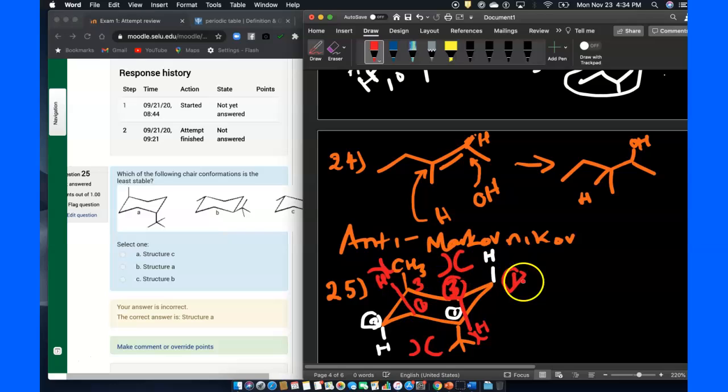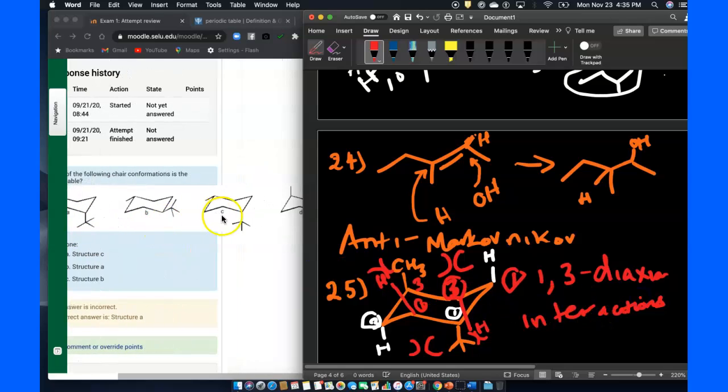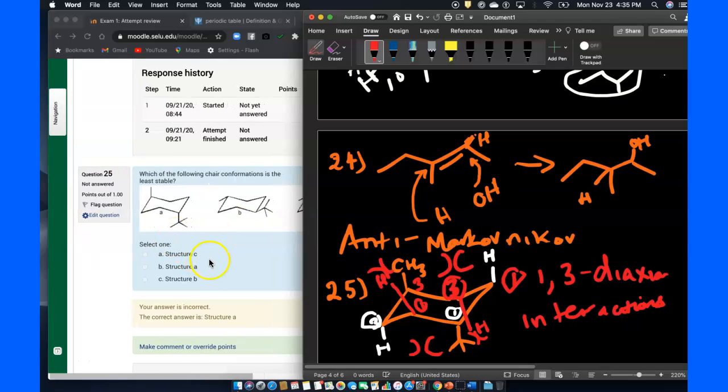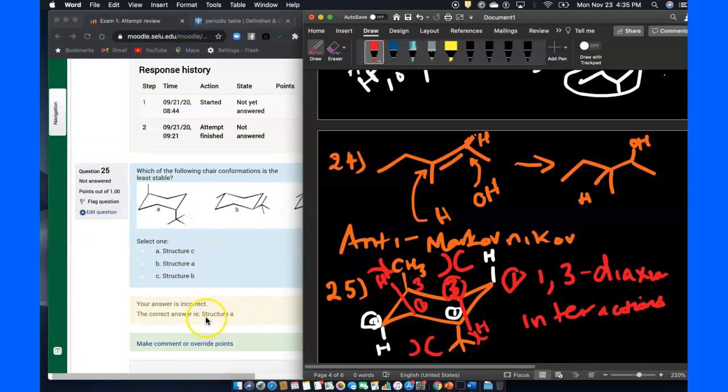So you have too much 1,3 diaxial. That's why we call them 1,3 diaxial. You just count 3 carbons over, look for a group that is crowding in space. So 1,3 diaxial interactions, it's crowding. Molecules don't like things crowding on them. So molecule A has a lot of them compared to B, C, and D. So the answer is structure A.